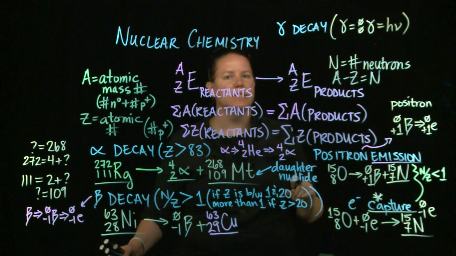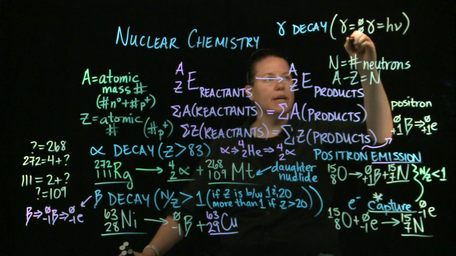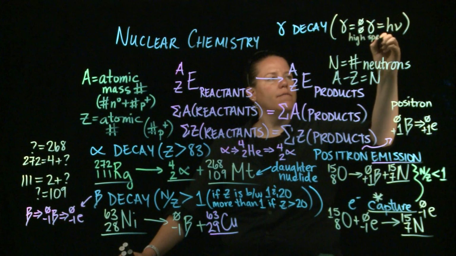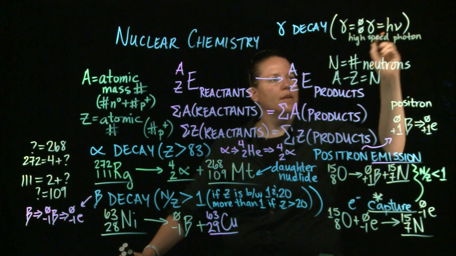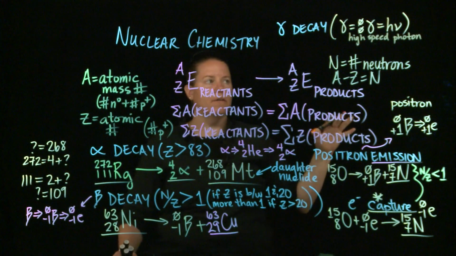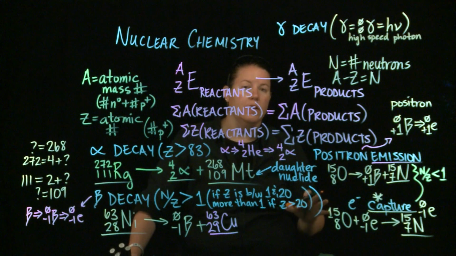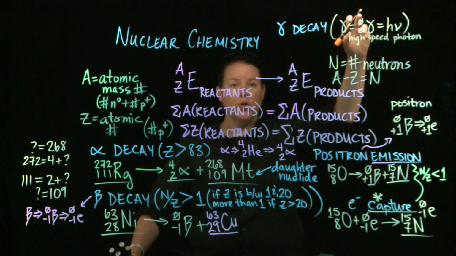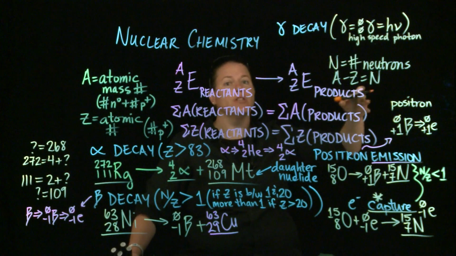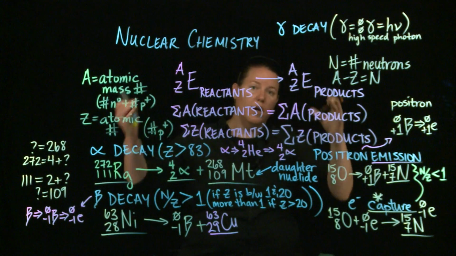What is a gamma particle? A gamma particle is a high-speed photon. It can also be considered just kind of energy. Because it has no charge and no mass, it essentially can penetrate by far the most from a nuclear reaction.